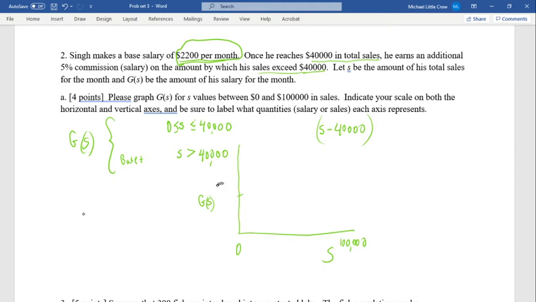Well, this is salary. This is dollars. This is sales, which is also dollars. But something happens when reaching 40,000. So there's going to be something happening at this point, and then what happens afterwards. So try giving that a thought.